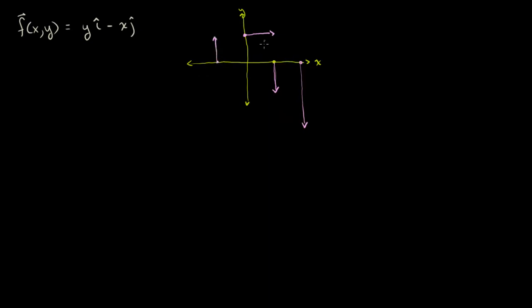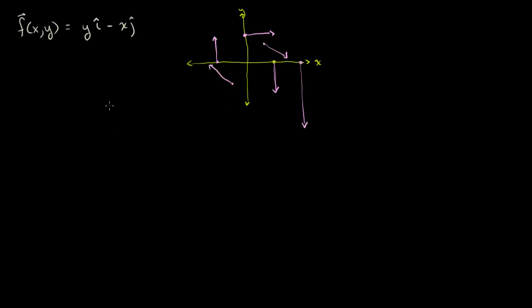I think you get the general idea. I could keep filling in the space for this entire field all over, just to make it symmetric. If I was right over here, the vector is going to look like that. I could just fill in all of the points if I had to.